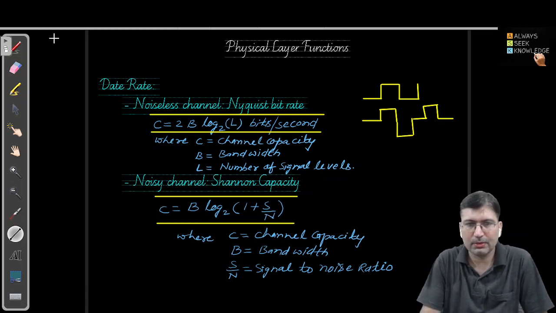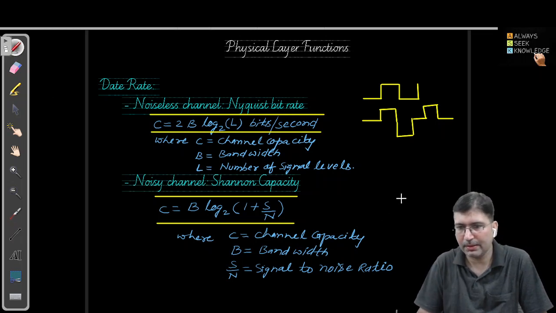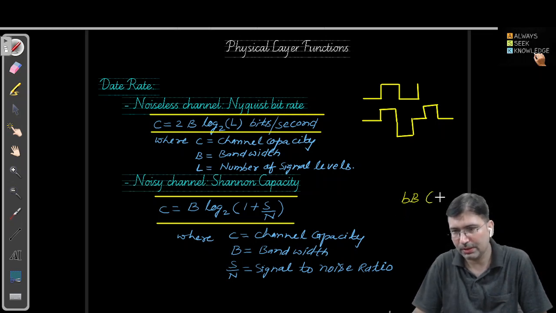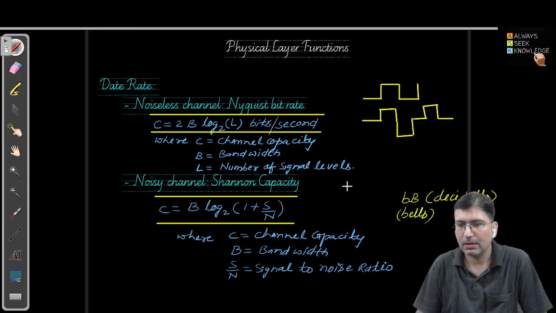And generally, this signal to noise ratio will be given in decibels, dB or B. So we consider decibels or bels as a unit, right? So these bels generally represent powers of 10.